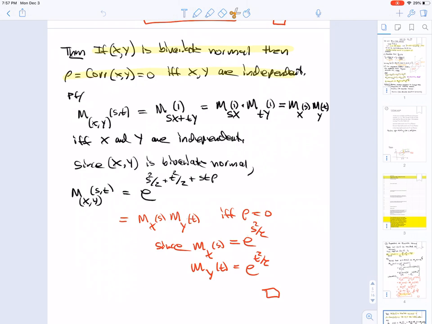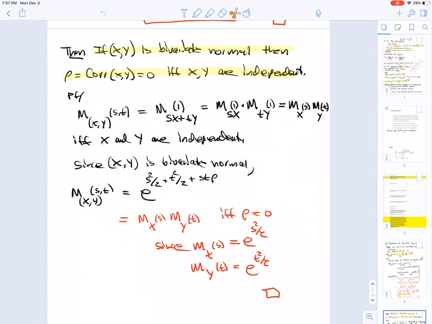Here we know that the moment generating function for two independent random variables can be written as a product of the individual moment generating functions. So we get that it is equal to M_sX(1) times M_tY(1), which is the same as M_X(s) times M_Y(t).